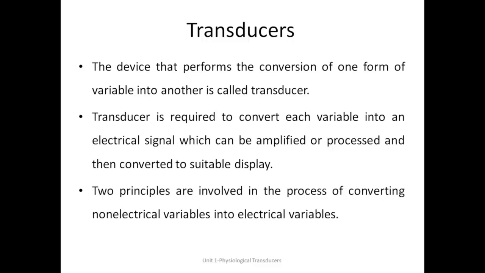Now, in this study, we'll be focusing more on the definition of the transducer in such a way that any physical variable has to be converted into an electrical signal. So for us, a transducer will be a device which can convert the physical variable or physical quantity into an electrical signal, because all the devices that we see around us, we have BP machines, we have ECG machines, so on and so forth.